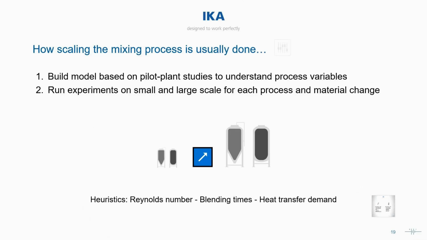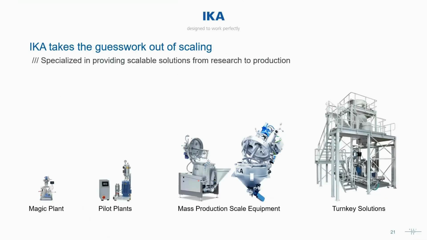Excellent. And yeah, just a brief segue about how we do the scaling here at IKA. One of the cool things about IKA is that we have the same type of equipment available from a lab scale to the pilot scale, to the mass production, and even offering the complete turnkey solutions with your bulk bag unloaders, pumps, tanks, all that, so that at least you are using the same machine from the small scale to the big scale.